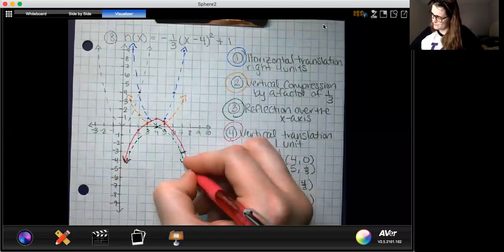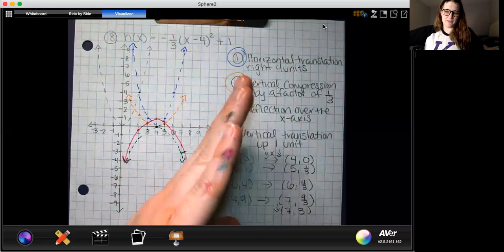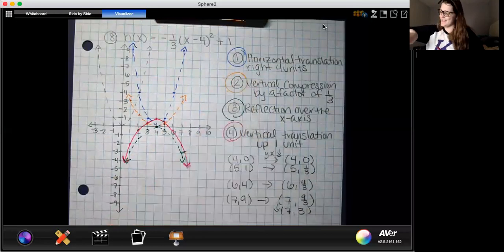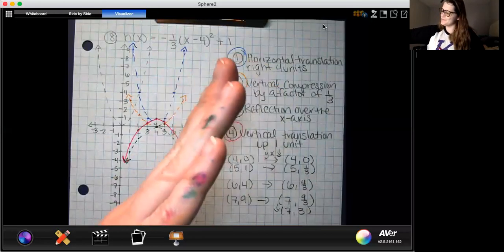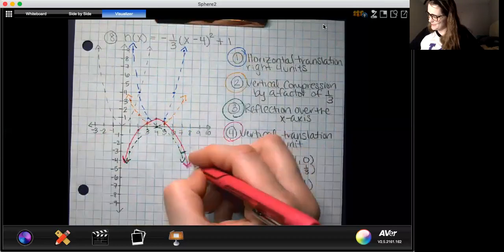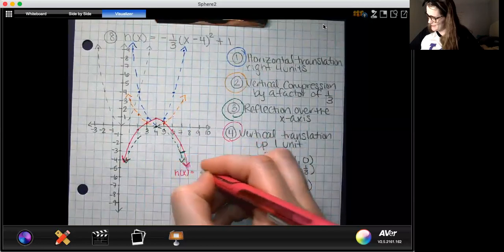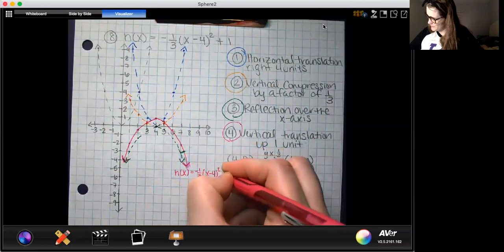I was doing so well. As you can tell, my hand is now colored in multicolors. And so last but not least, we have our final answer. And mine is pink. Whatever colors yours may be.